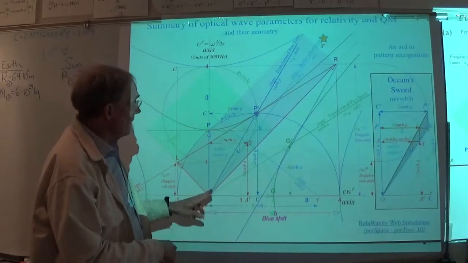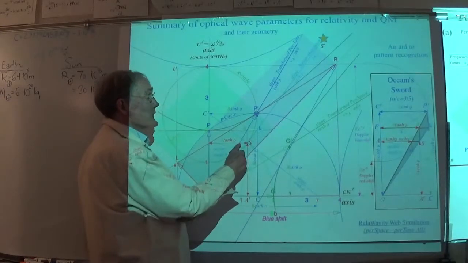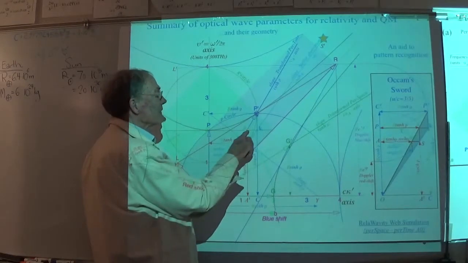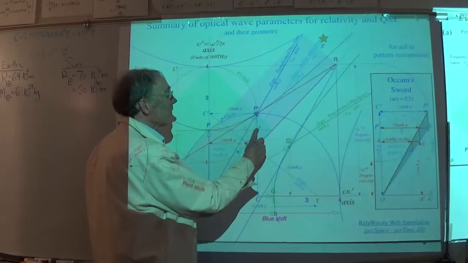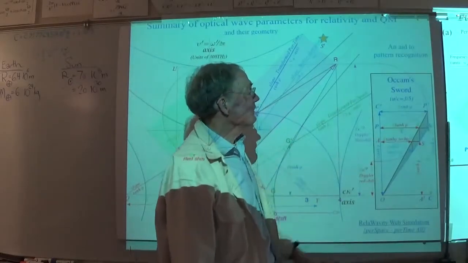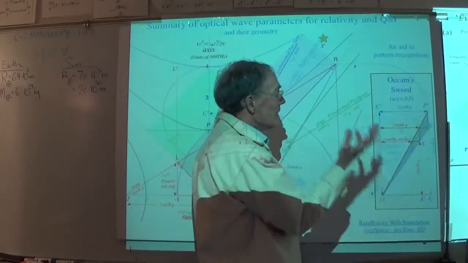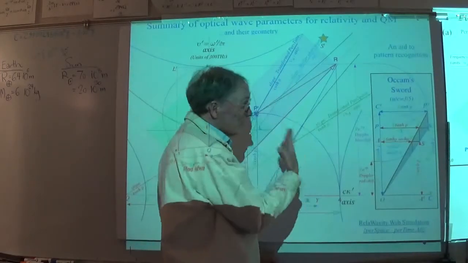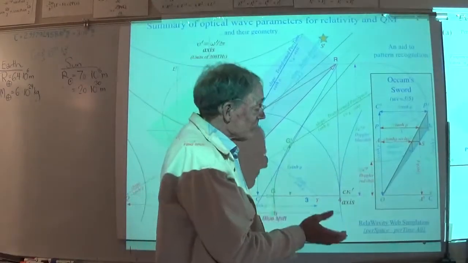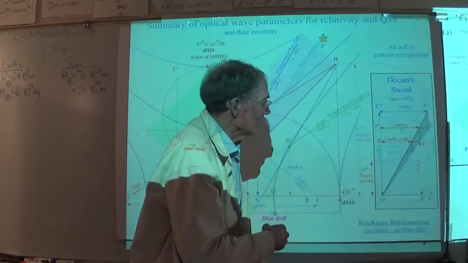But what you get is a little stairway here, where this thing goes up to the ordinary relativity line, comes back to the stellar aberration line, goes up again, comes back, and then goes up. That makes what I call the sword, Occam's sword. This is a really nice pattern recognition tool for all kinds of situations that involve medium values of the speed of light, or speed of something, medium fractions of that. So I mentioned that.